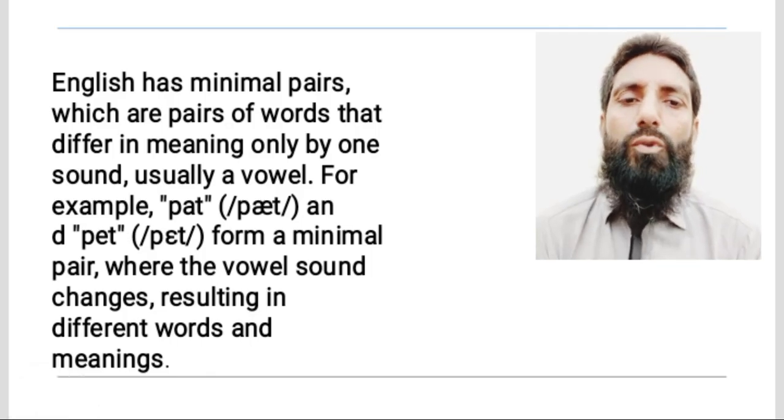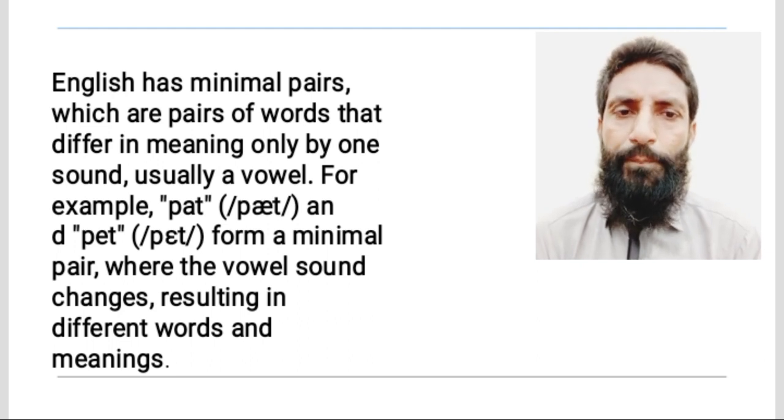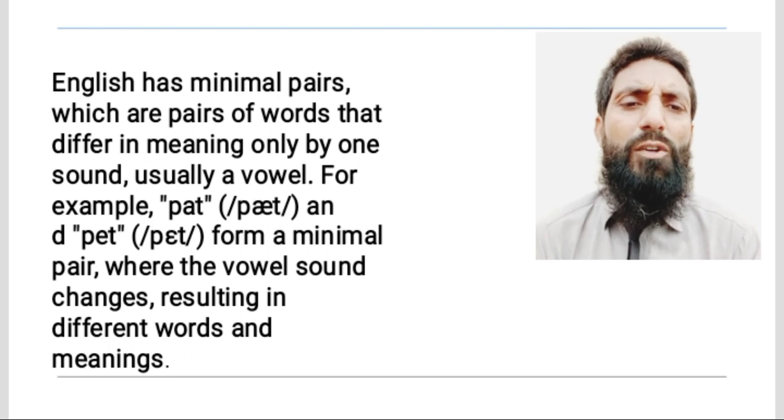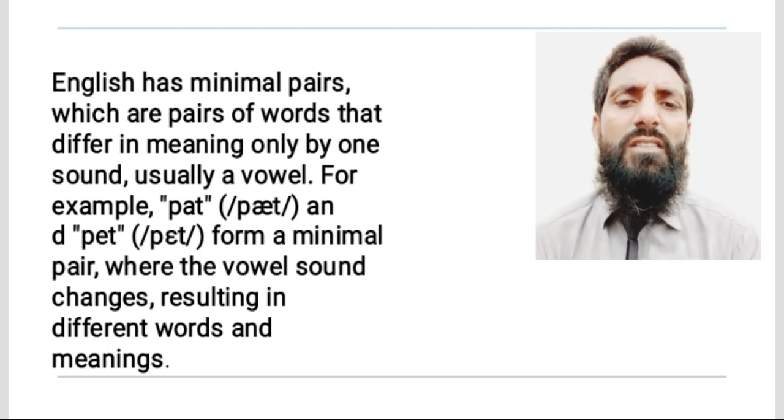Through such changes, we observe that there are particular meanings for words when we change the sound of the vowel. So, changing the vowel sound phonetically changes the meaning, like hat and tat. Here is just a change of vowel which is kept in the middle of the two consonants. So, this results in different words and meanings.